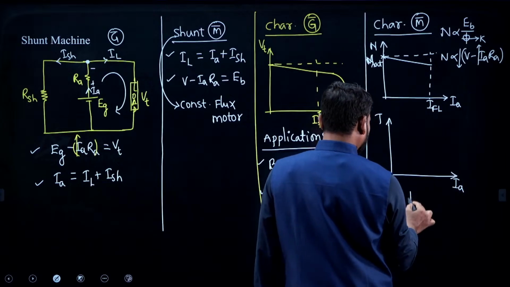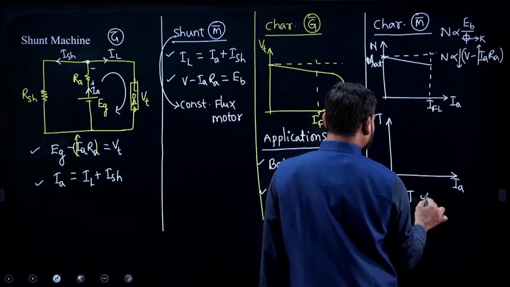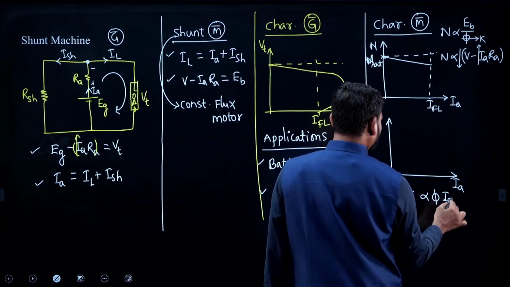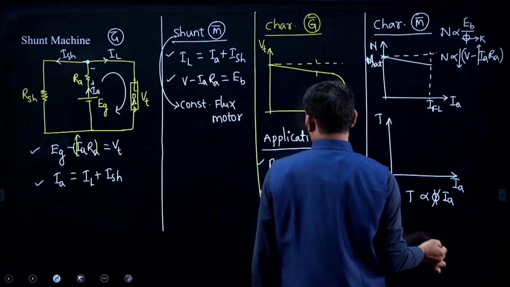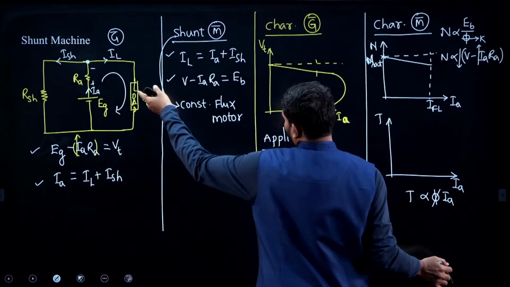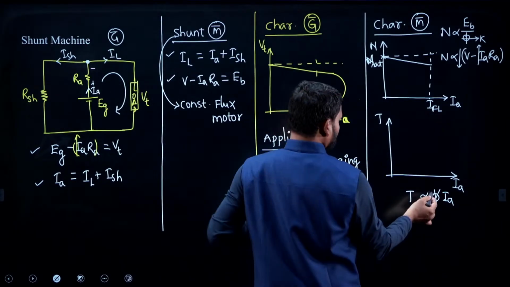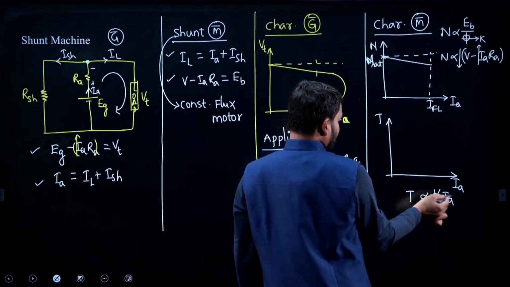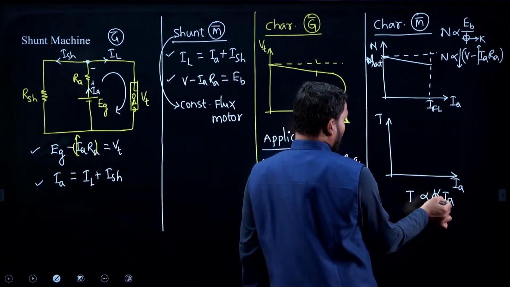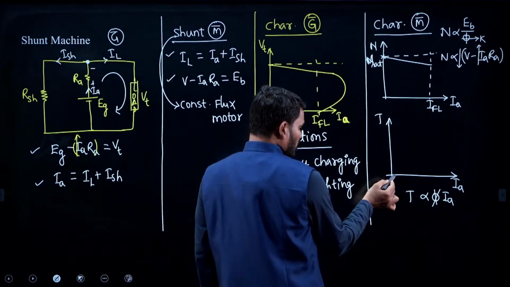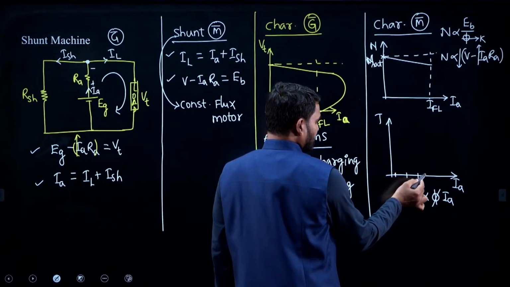we know torque is proportional to flux and current, right? We said that this flux is constant here. We cannot change it, because if the voltage is constant, flux is constant. The only change is here: whenever the load changes, only armature current changes. So under no load, current is small. If the load increases, current increases.